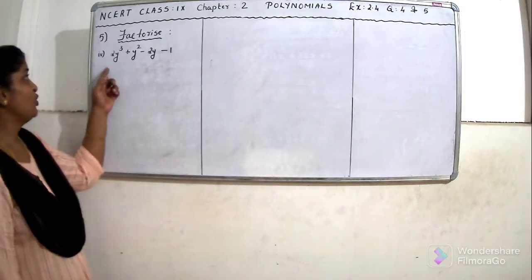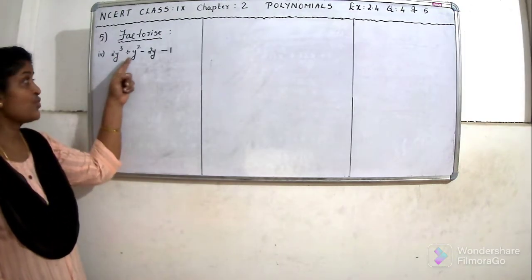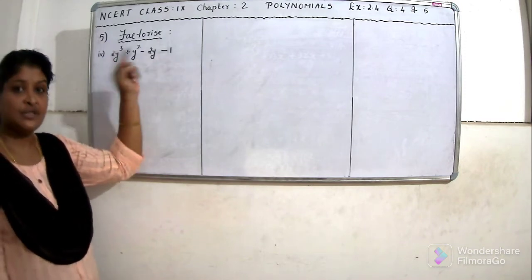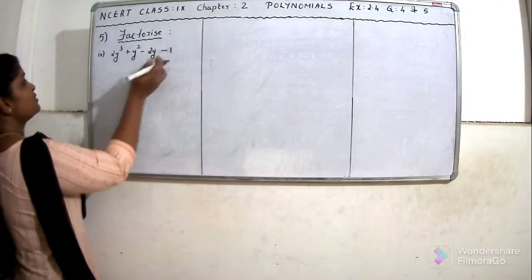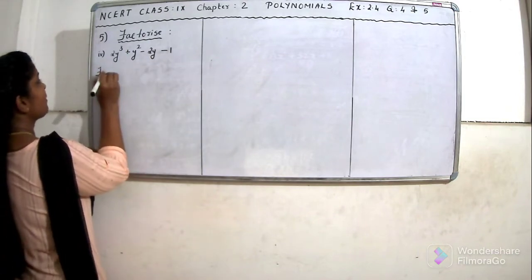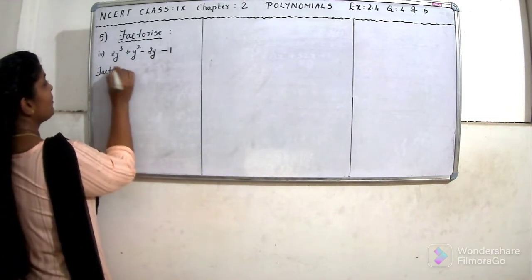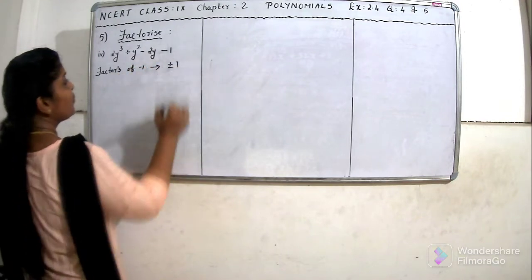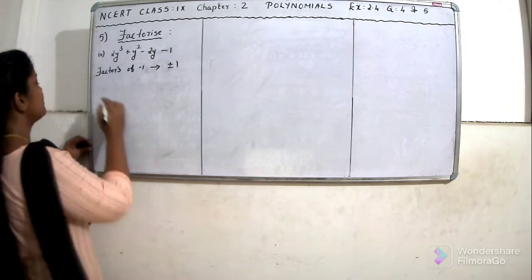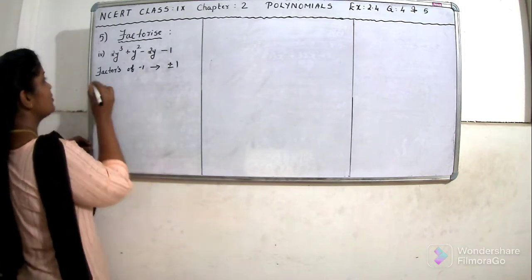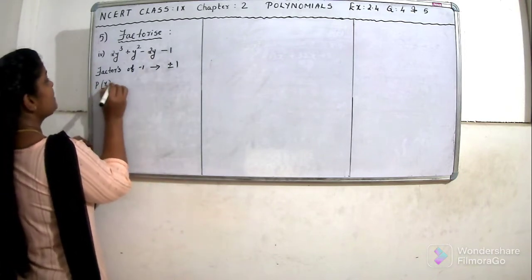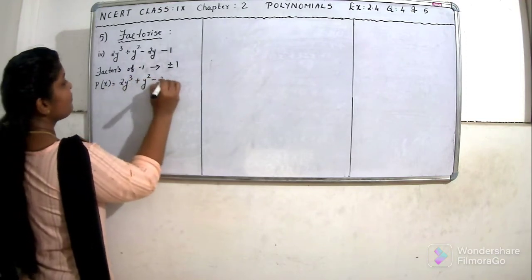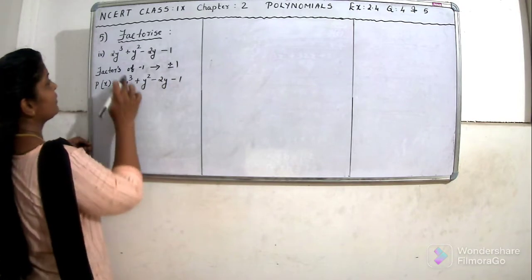Fourth question, 2y cube plus y square minus 2y minus 1. Constant term it is minus 1. So factors of minus 1, positive and negative 1. So first we are substituting positive 1. P of x equal to 2y cube plus y square minus 2y minus 1.